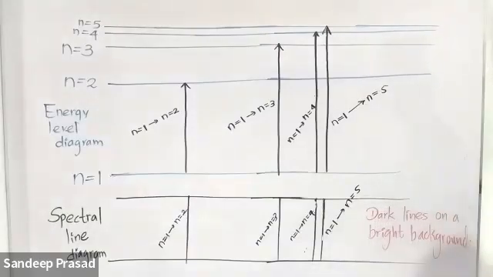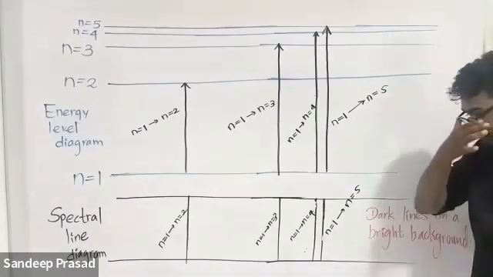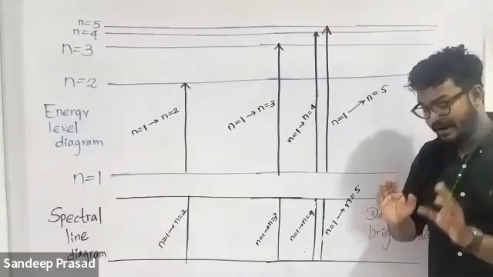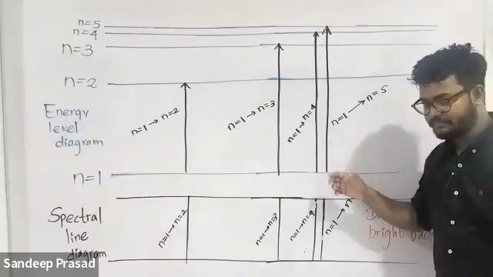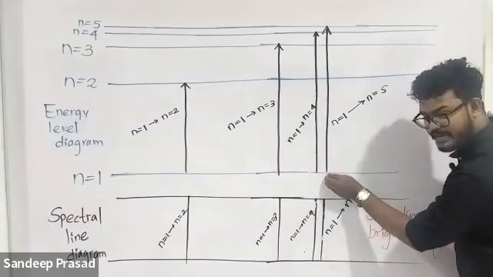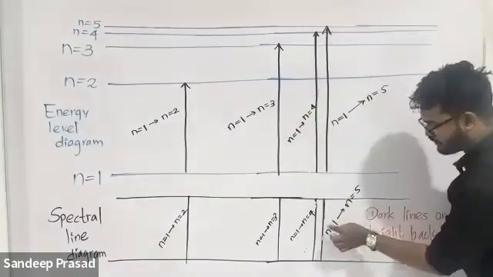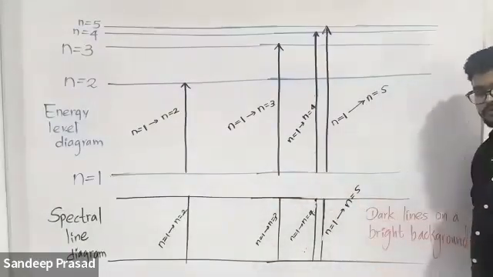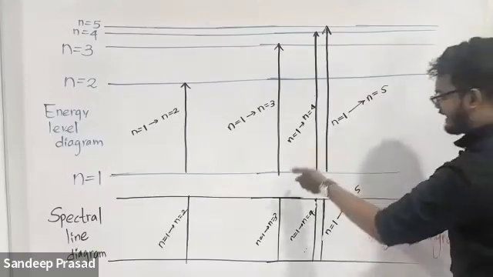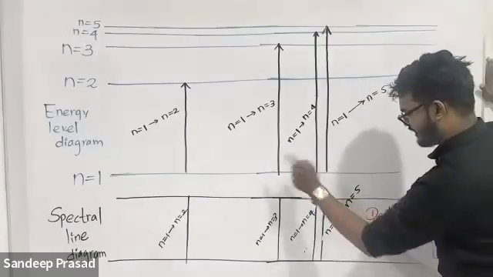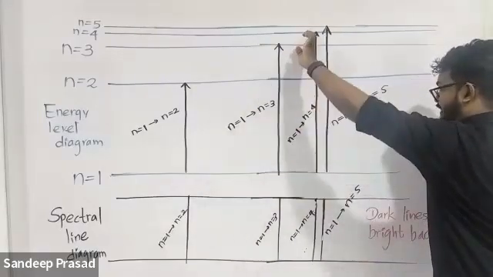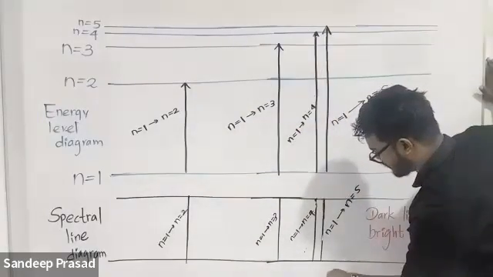Can you understand what happened? These lines represent the one and only electron in the hydrogen atom. When it moves from the first principal energy level to the fifth principal energy level, you can see that as a line in the spectral line diagram. When the same electron moves from the first to the fourth principal energy level, you can see this second spectral line.